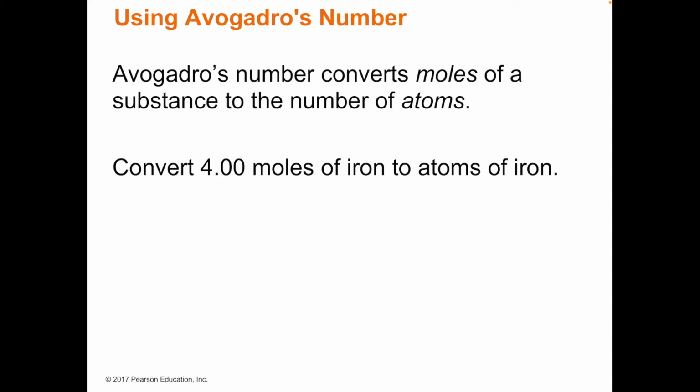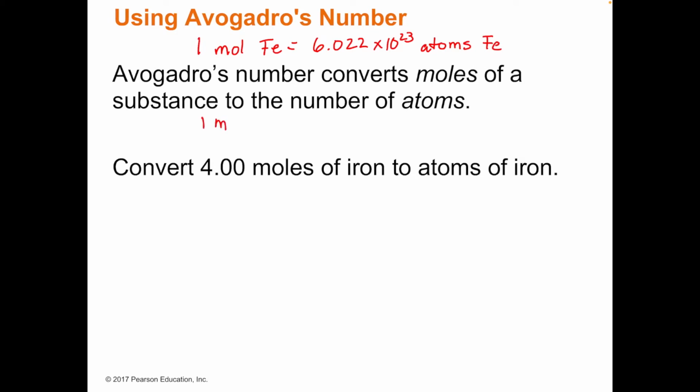In this example, we're going to convert moles of iron into atoms of iron. And so we know from before that 1 mole of iron will equal 6.022 times 10 to the 23rd atoms of iron. So we can write 2 different conversion factors.